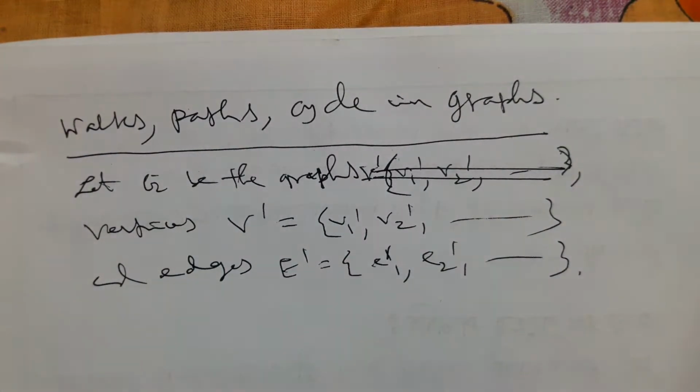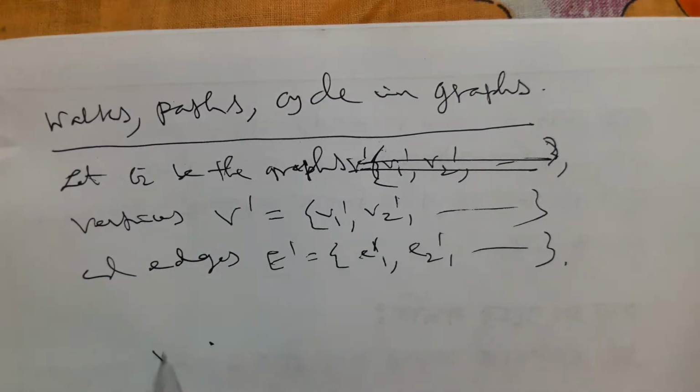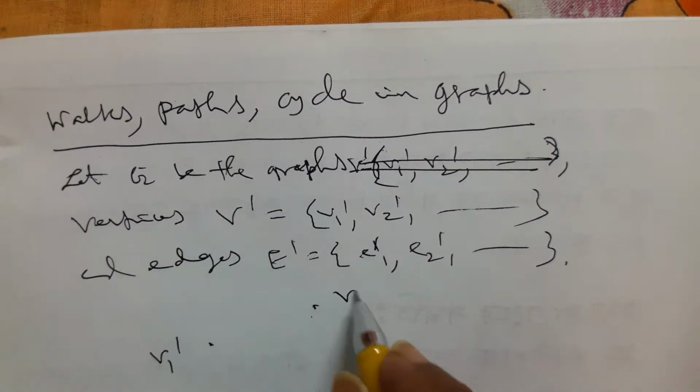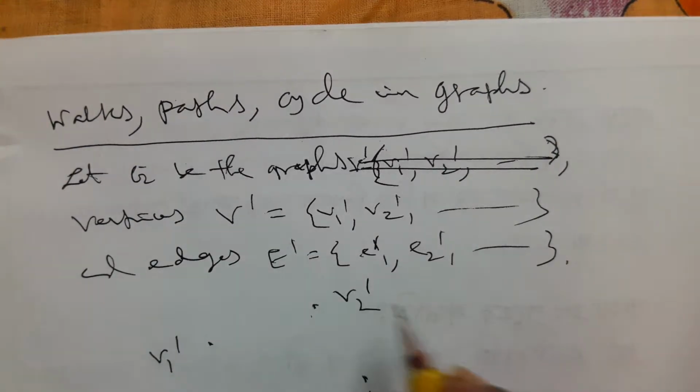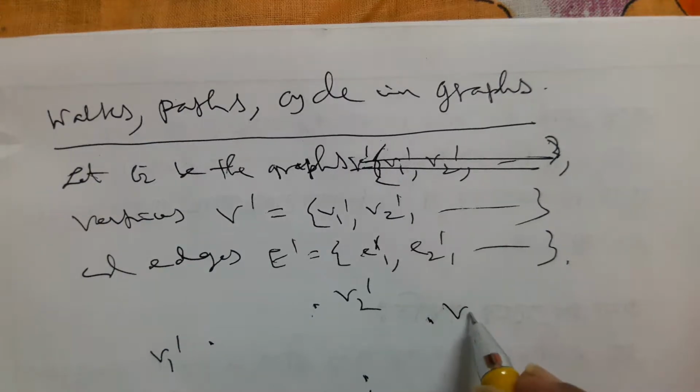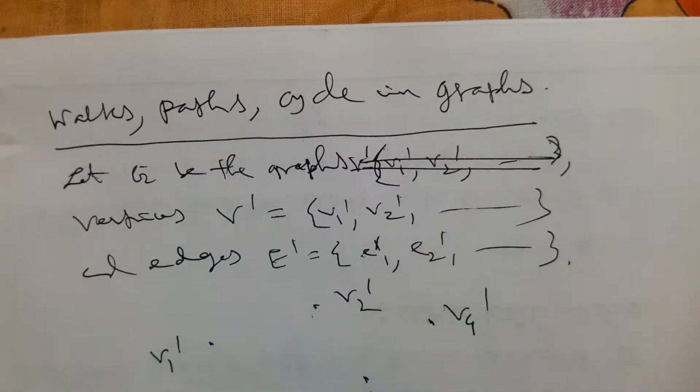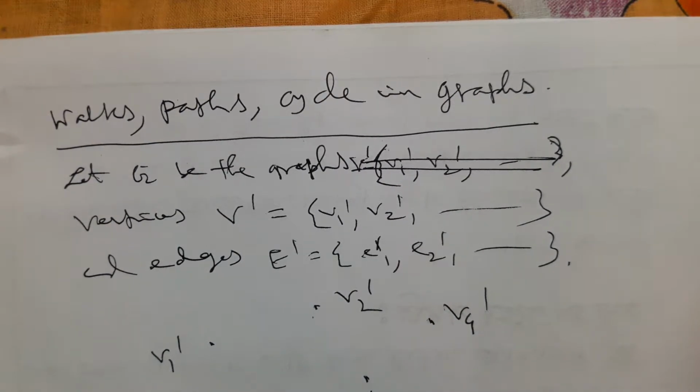Now let us consider the pictorial representation here, with V1', V2', V3', V4', and V5'.